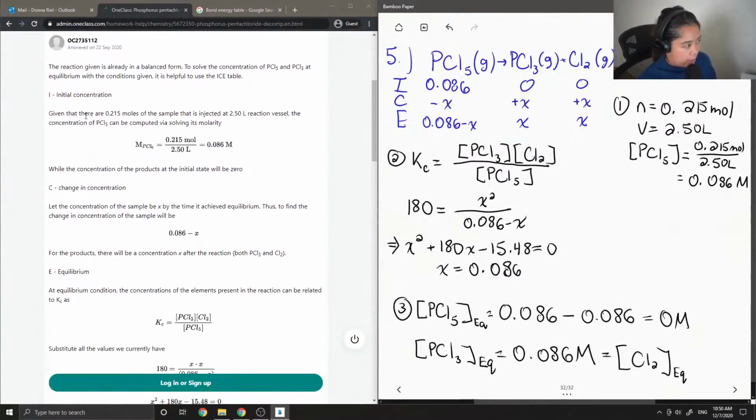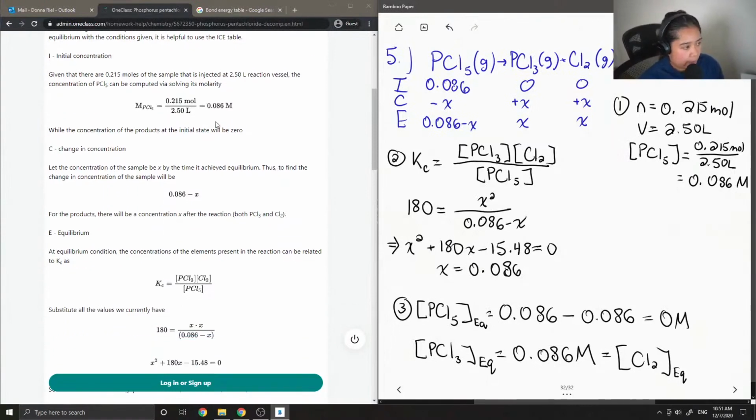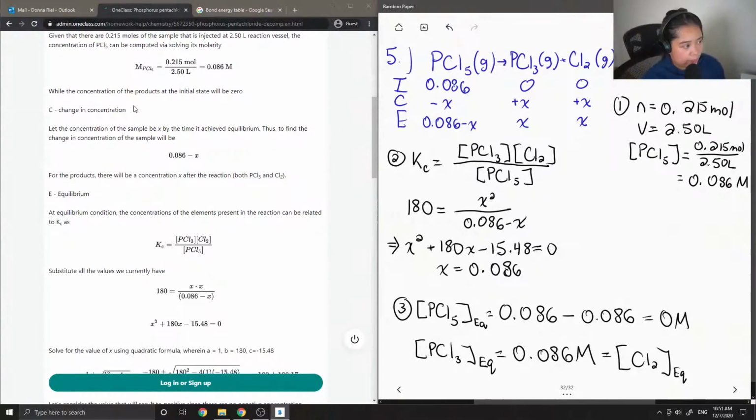For initial, given that there are 0.215 moles of the sample that is injected at 2.5 liters, the concentration of phosphorus tetrachloride can be computed via solving its molarity. 0.215 divided by 2.5 liters gives 0.086 moles per liter. While the concentration of the products at the initial state will be 0.